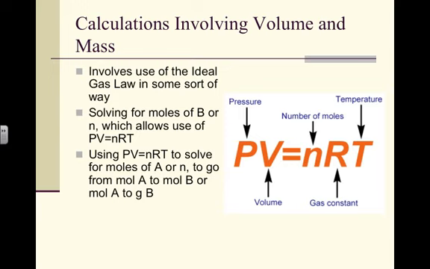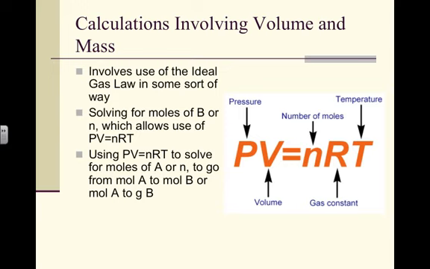If we're talking about gases involved in stoichiometry, we're very rarely going to be under STP conditions, so most of the time we're going to have to solve for moles or for volume using the ideal gas law. So this will be, again, another one of those types of equations where you'll be given all but one of the values that you need.